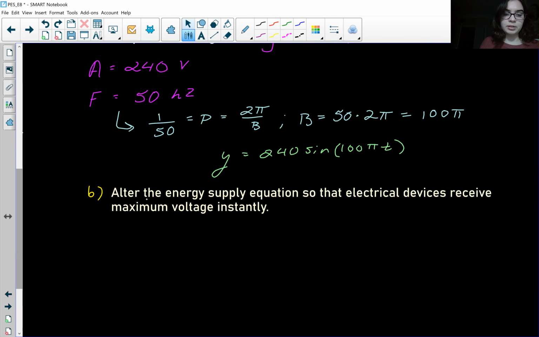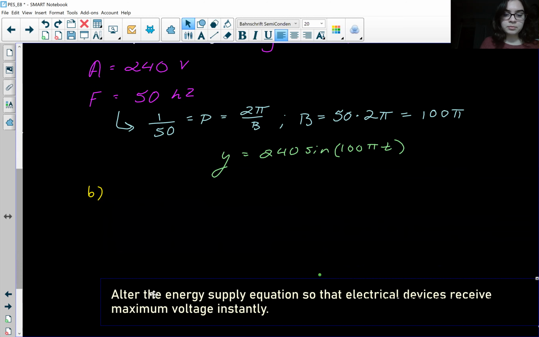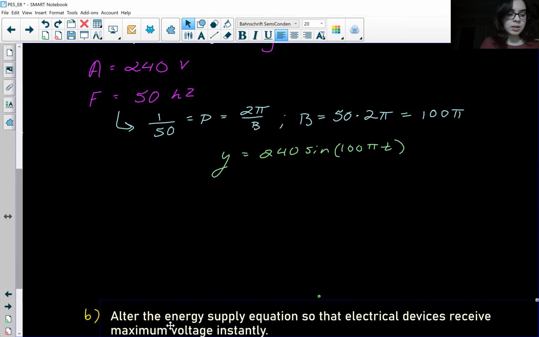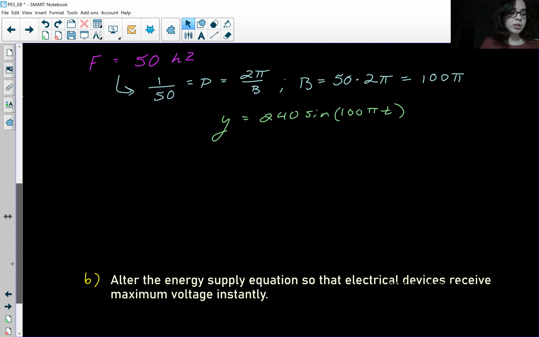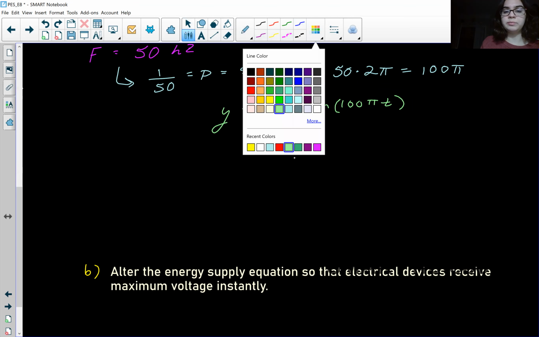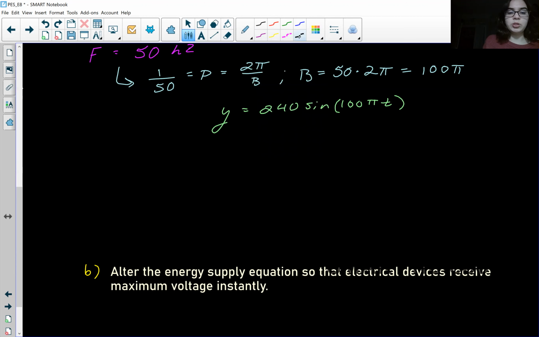Let me go ahead and move this down. I'm going to need a lot of room for this. So we're given a hint here with positive voltage. It's just saying that our function, which models voltage, needs to be greater than 0.